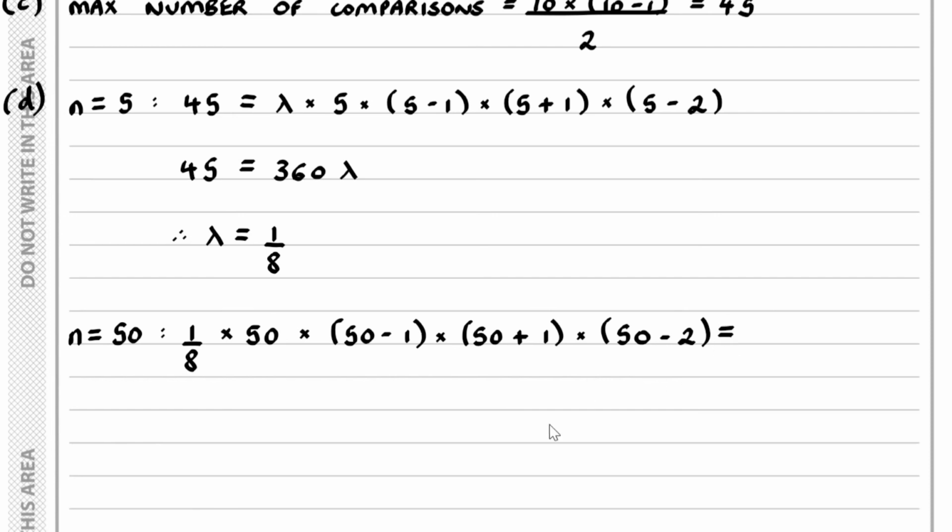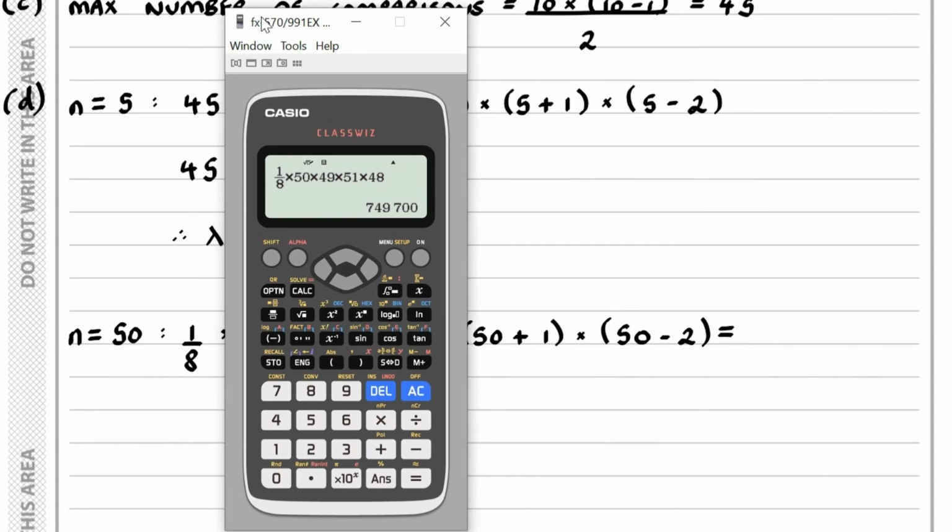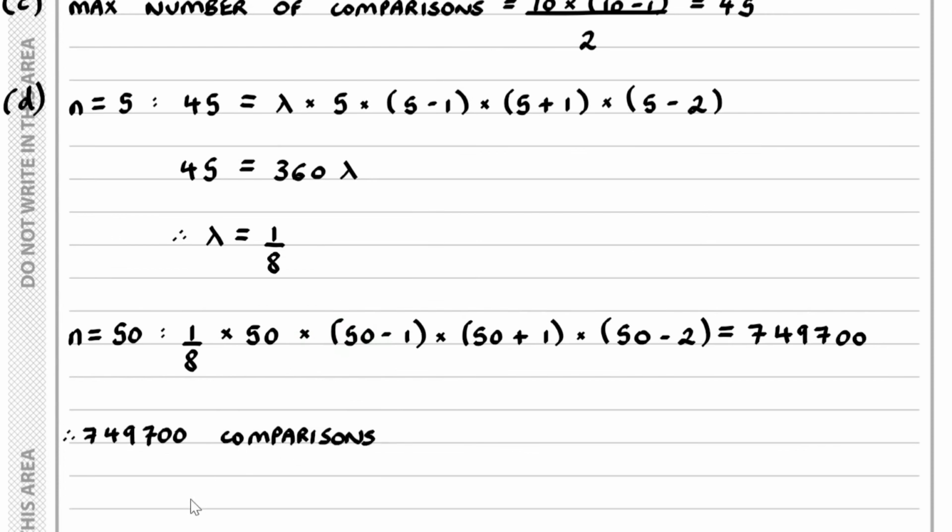So if we work this out, we've got 1/8 times 50 times 49 times 51 times 48. It turns out we get 749,700. So therefore, we've got 749,700 comparisons.